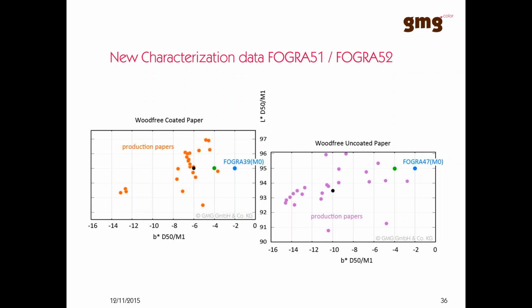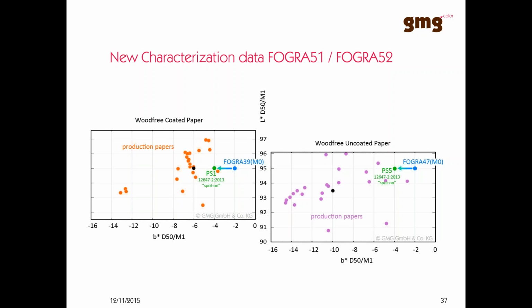Now you see the FOGRA39 M0 target value at the -2. That's where FOGRA39 simulates a stock on a proof or on a soft proof. You can see the green dot which describes the target from PS1, how the printing substrate 1 is described in ISO 12647-2 2013.